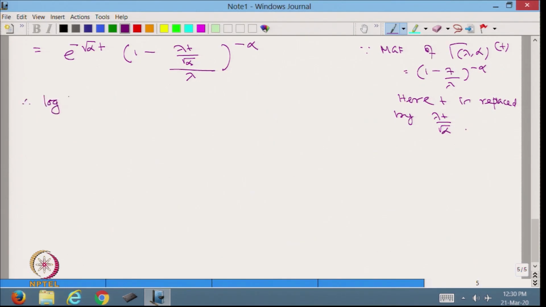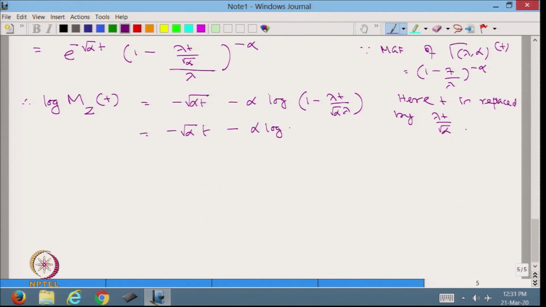Therefore, log of M z at t is equal to minus root alpha t minus alpha log of (1 minus lambda t over root alpha lambda), which is equal to minus root alpha t minus alpha log of (1 minus t upon root alpha).